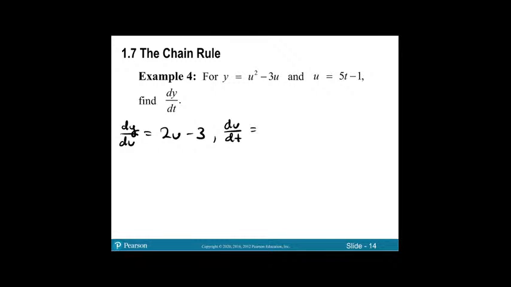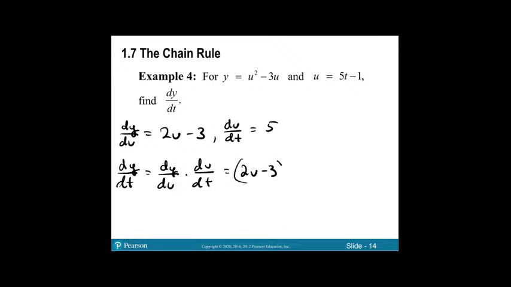So then dy by dt is going to be dy by du times du by dt. Hopefully I'm not articulating that incorrectly. So basically that's going to be 2u minus 3 times 5.